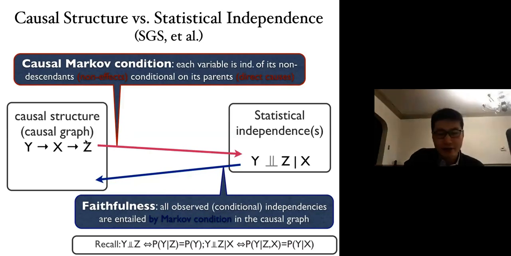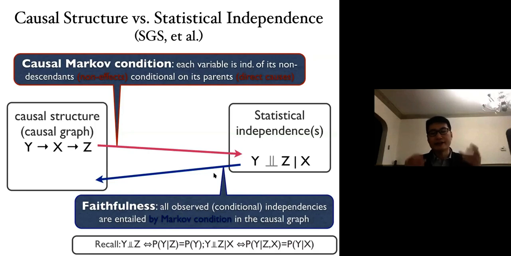Now we can go further. We can go back by making use of the faithfulness assumption. It says that all observed independence or conditional independence relations in the data are actually entailed by the Markov condition on the graph. That means there are no extra or accidental conditional independence relations in the data.